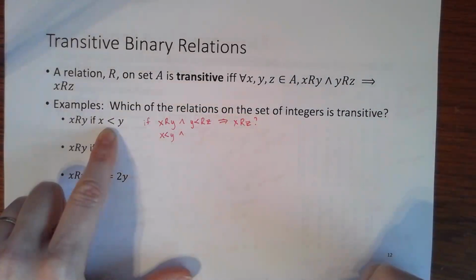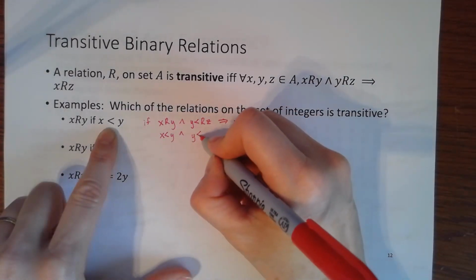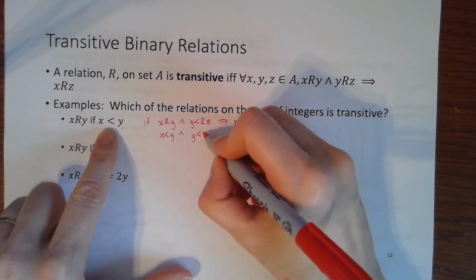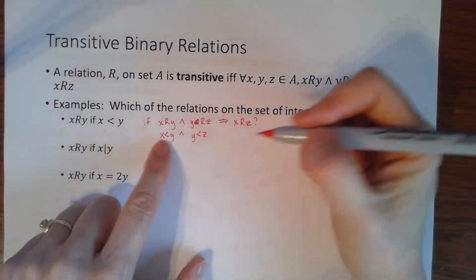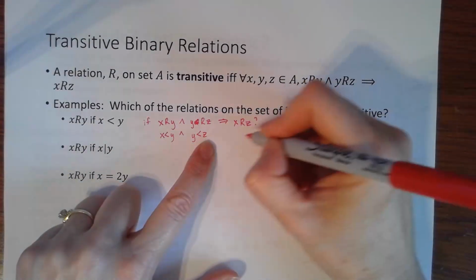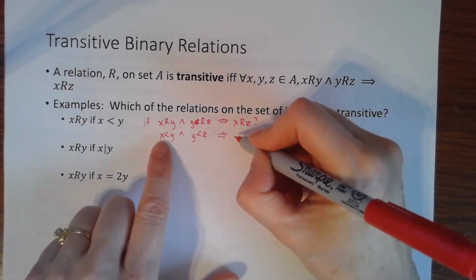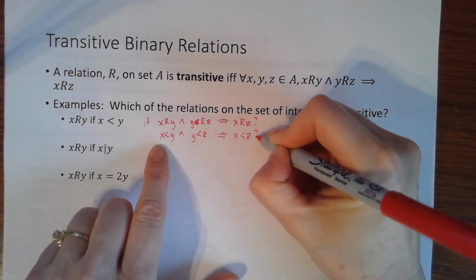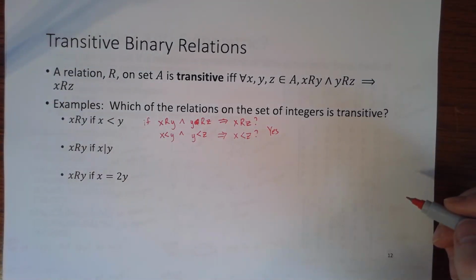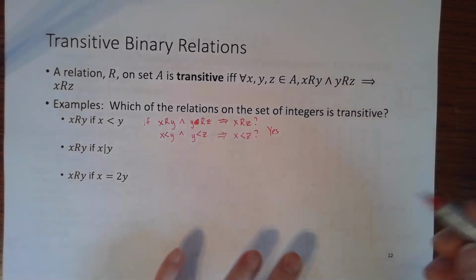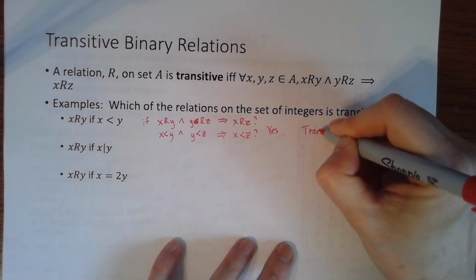And if y was related to z, then y would be less than z. So if x is less than y and y is less than z, is that automatically going to give us that x is less than z? Well, yes, that's the way the less than operator works. So that will always be true for every possible pair of integers. If x is less than y and y is less than z, it will certainly be the case that x is less than z. So this one is transitive.